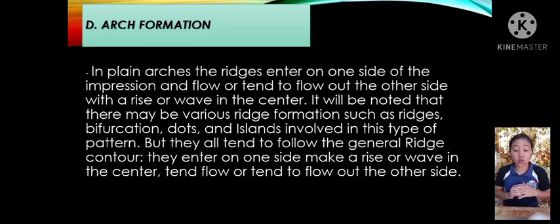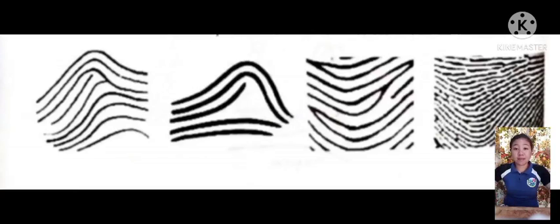They enter on one side, make a rise or wave in the center, then flow or tend to flow out of the sides. So these are the examples given above, and you can see it clearly in the pictures above.